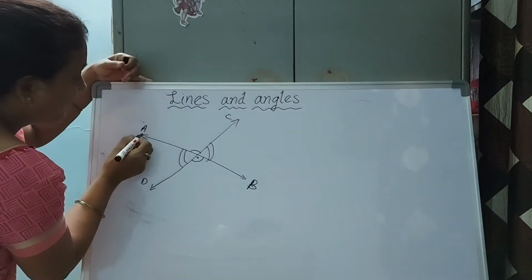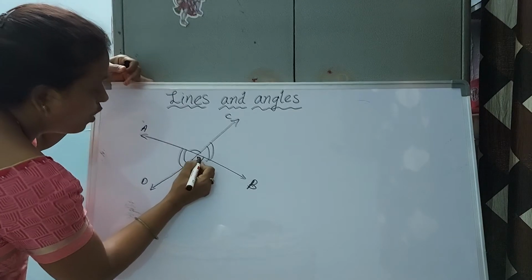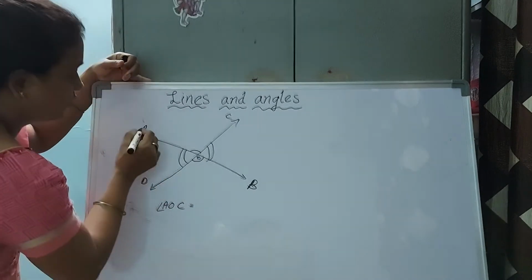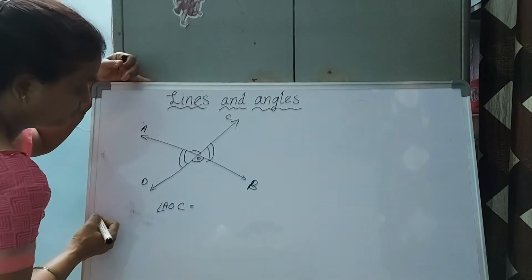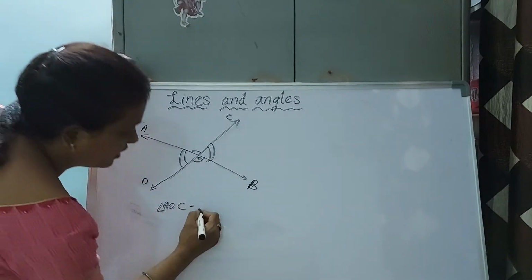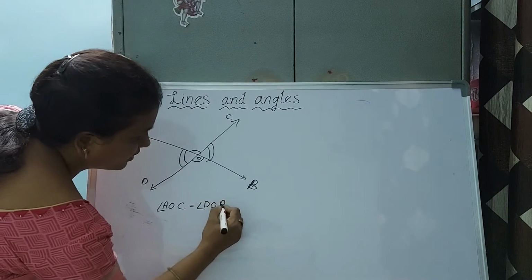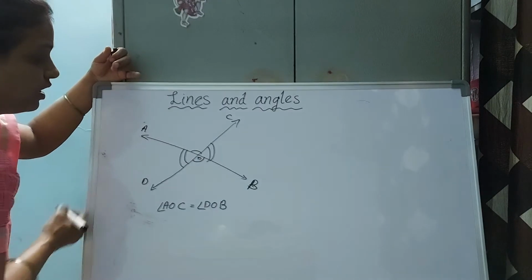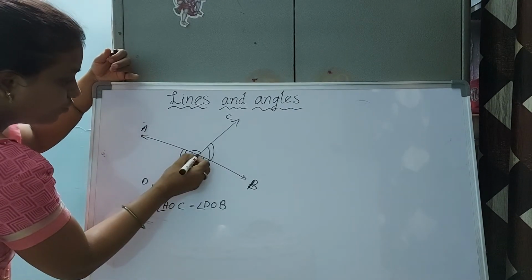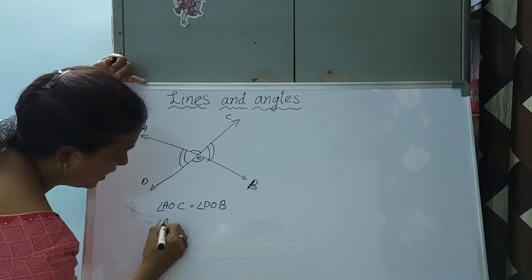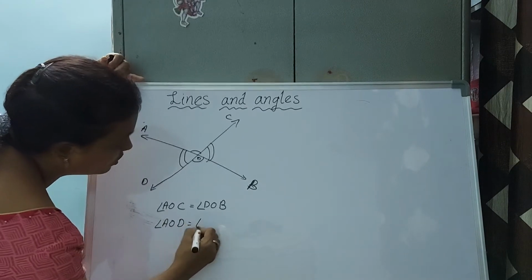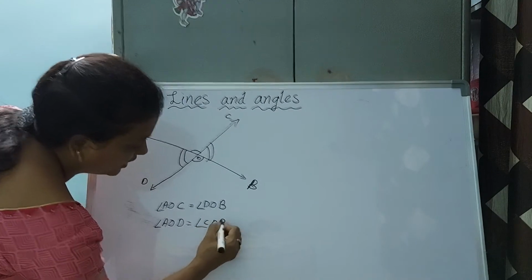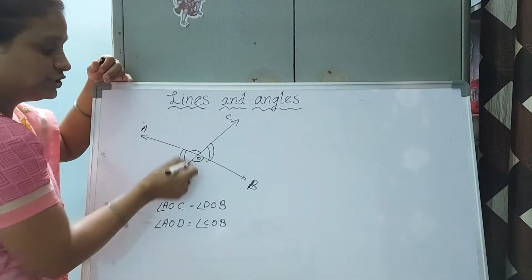See here, angle AOC is equal to angle DOB. We call these vertically opposite angles, and they are always equal. Now angle AOD is equal to angle COB. These two are equal and these two are equal.